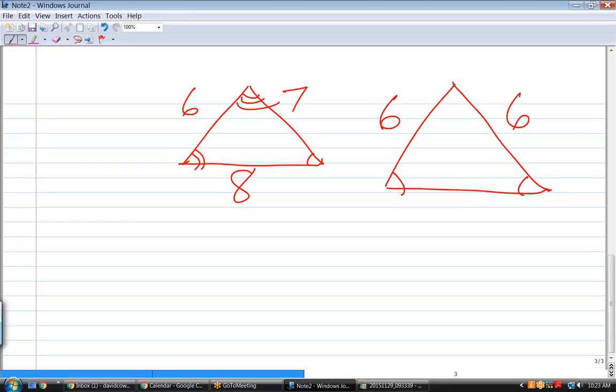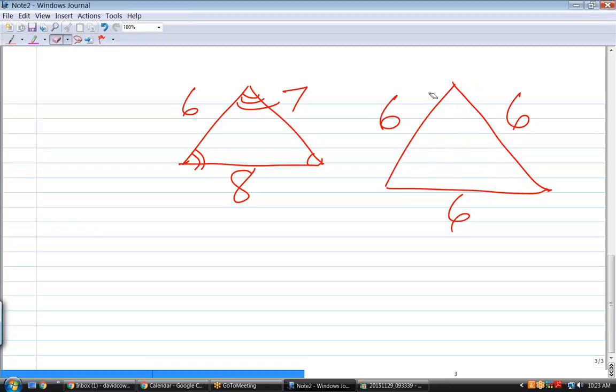Very important. If you've got sides that are equal, you've got opposite angles that are equal. So if I make it equilateral, what does this angle have to be? If it's equilateral, the same. Yeah, so those 2 angles would have to be 6 as well. The key thing is knowing that they're all the same.